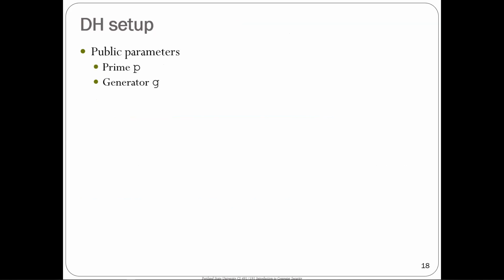Okay, so I'm going to talk about the actual math underneath. The Diffie-Hellman setup is to first publish two parameters, a well-known prime number P and a generator number G. And these two things will be used to produce the functions that allow you to get a shared key. So both Alice and Bob know P and know G. Alice starts out by selecting some random key.